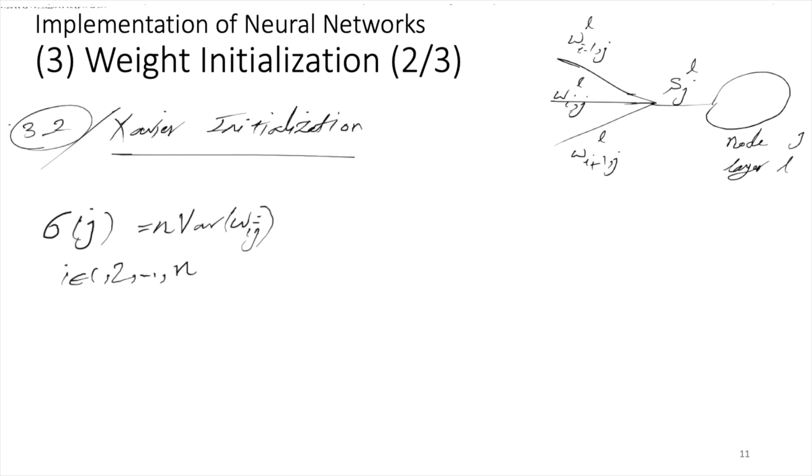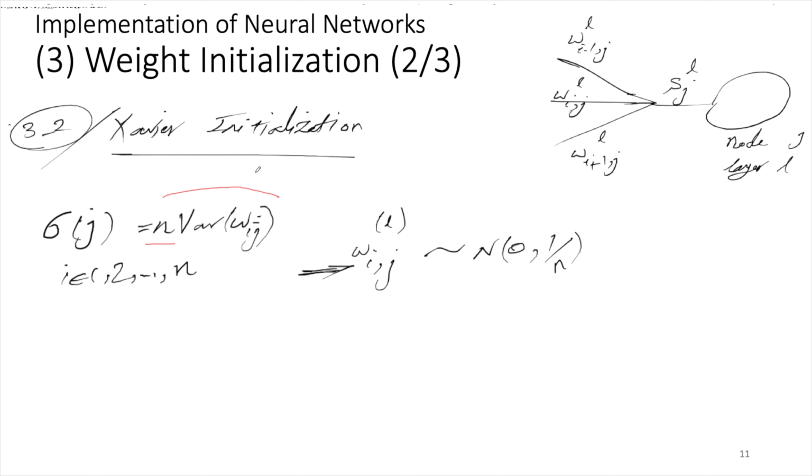Basically, if you have a sigma j as the sigma of your data set for your i's from 1 to n, you can assign it as n times the variance of wij, which is actually the definition of that.